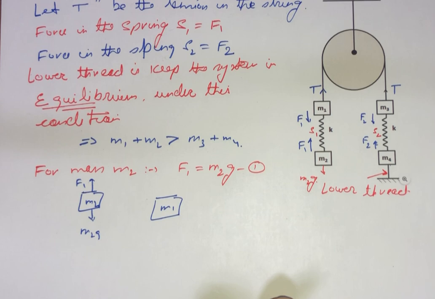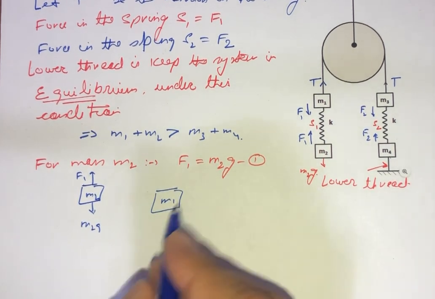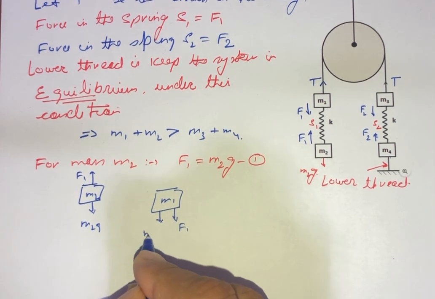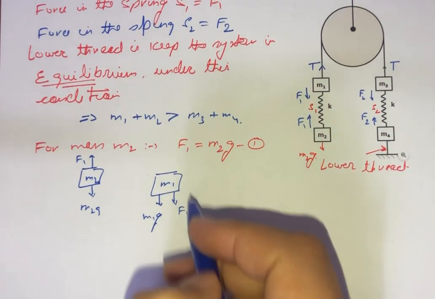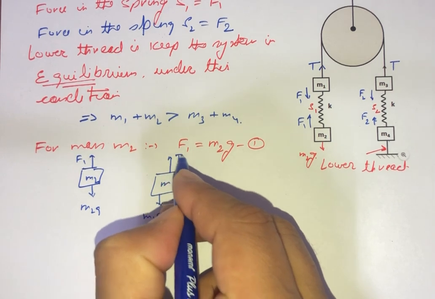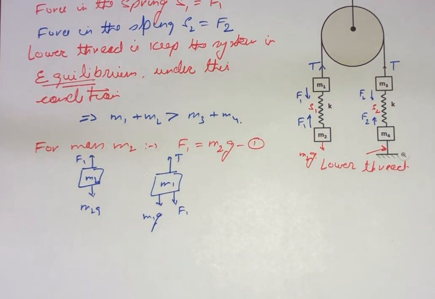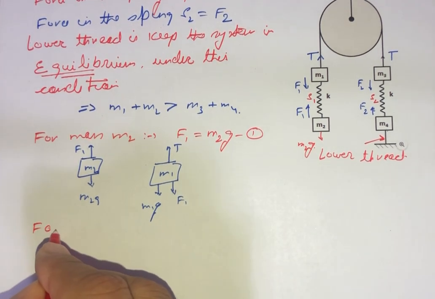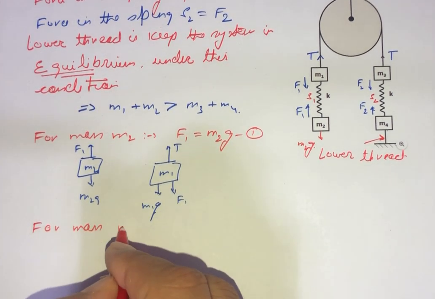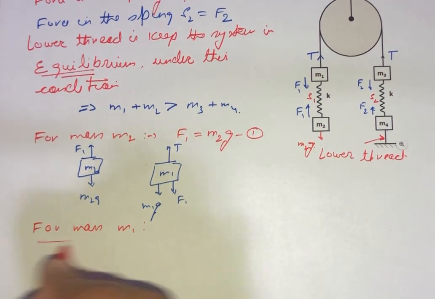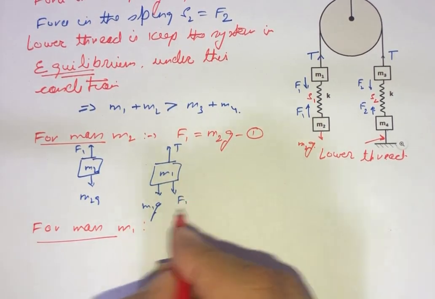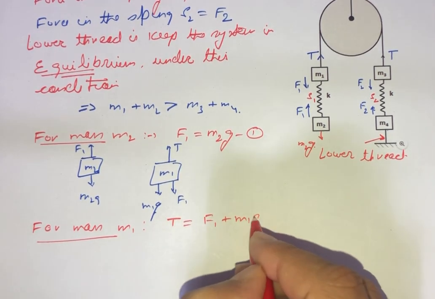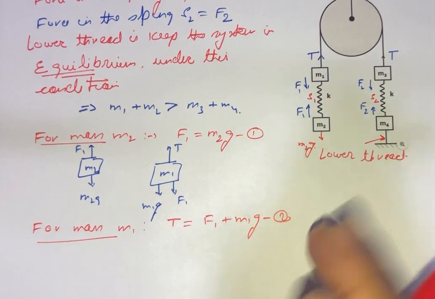So M1 has F1 in the downward direction, and also there will be M1G in the downward direction, and upward there will be tension T. So for mass M1, you can have T is equal to F1 plus M1G. Let us call this equation number 2.